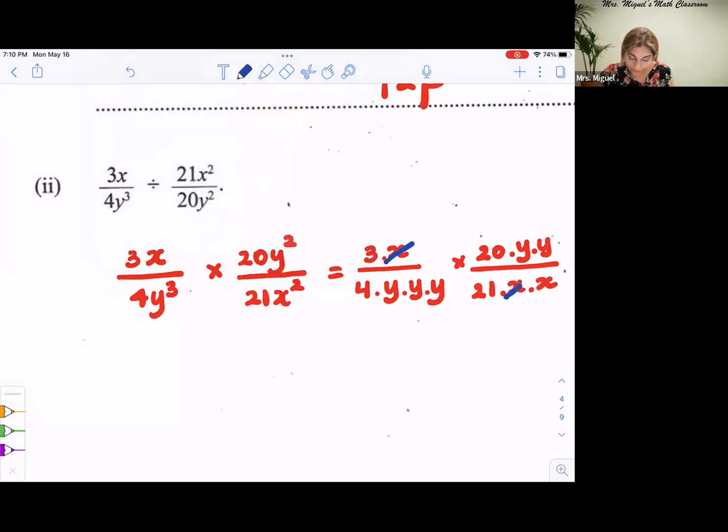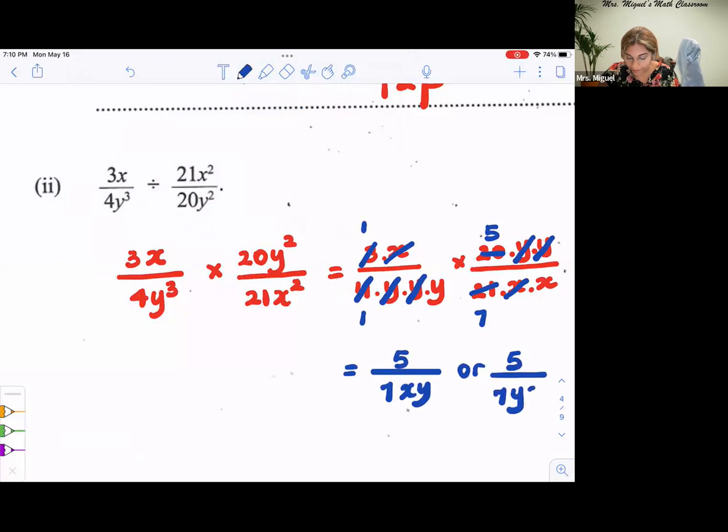X will cancel, y will cancel, y will cancel. 3 can go into 21 7 times. 4 can go into 20 5 times. In my numerator, I have 5. And in my denominator, I have 7xy or 5 over 7yx. Did you all get it?